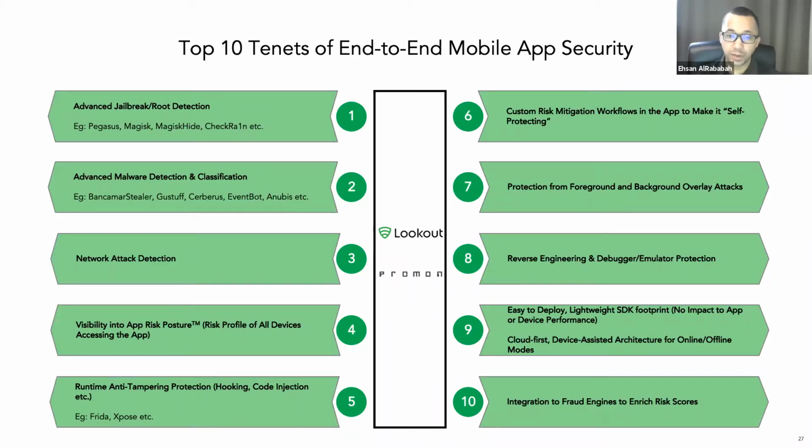The third benefit here is network attack detection, which you can combine with your certificate pinning, so you will have more comprehensive forensics telemetry information in the app data. You will get visibility into the app risk posture, as we have seen: how many devices are running my app with a certain vulnerable patch, or have seen detection for a banking Trojan.